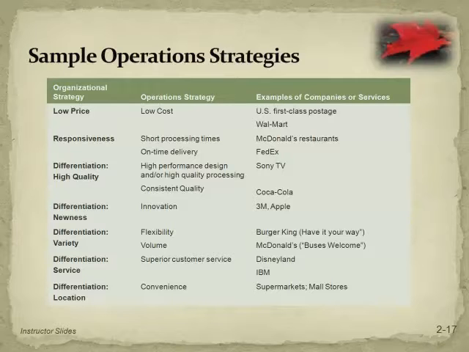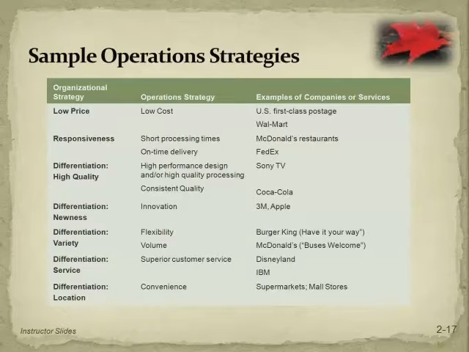This slide shows a few examples of some operations strategies that a corporation could have. So we could have a strategy, an organizational strategy, for having the lowest price within our industry. And of course, if we're going to have low prices, what we need to have is low costs. So our operations organization needs to make sure that our production costs as well as our other support costs are as low as they possibly can be.